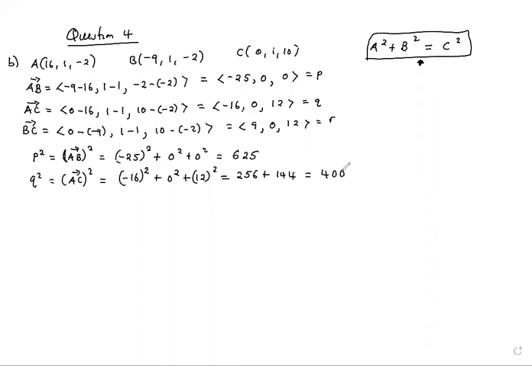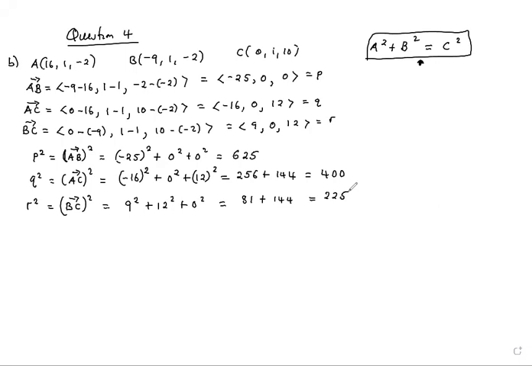And then the other one, R squared, which is BC squared. This is 9 squared plus 12 squared plus 0 squared. So we have 81 plus 144, giving us 225.